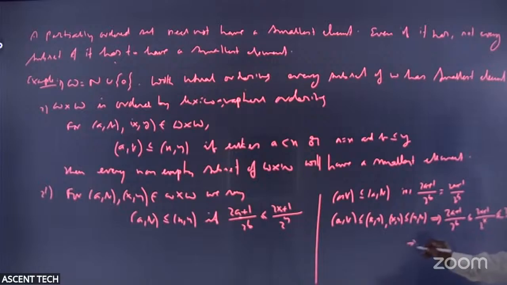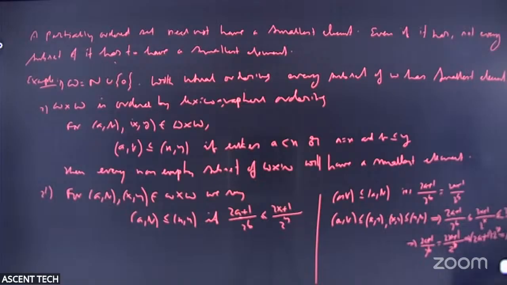So (2a+1)/2^b equals (2x+1)/2^y. That tells me (2a+1) times 2^y is equal to (2x+1) times 2^b.